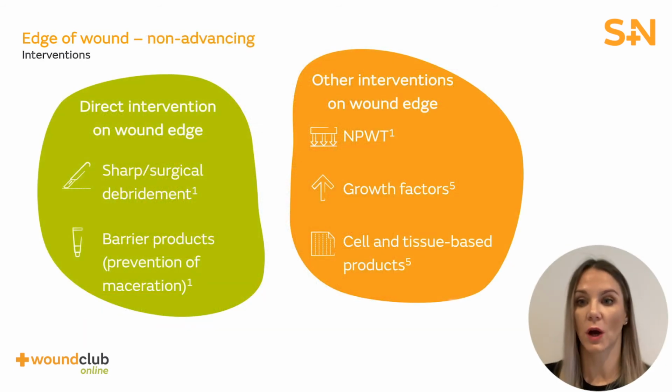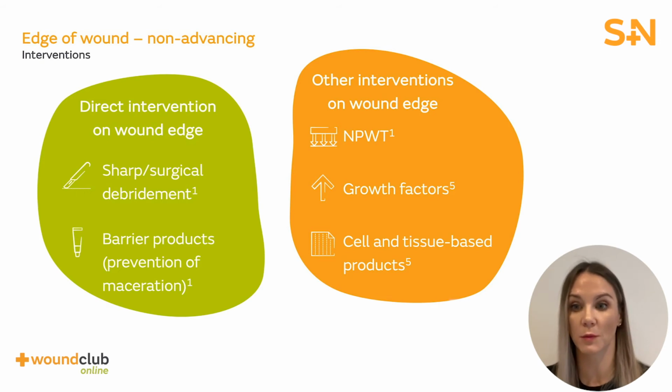The intervention goal for the non-advancing wound edge is to re-establish an open wound edge from which epithelial migration can occur. Diabetic foot ulcers, for example, often require sharp debridement of the wound and the surrounding callus. This is usually conducted by creating a saucer-shaped wound, giving the epidermal cells an easy path for migration.